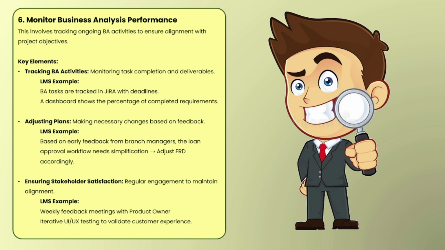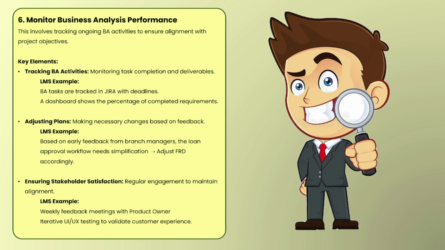In the loan management system, BA tasks are tracked in Jira with deadlines. A dashboard shows the percentage of completed requirements. So in this way, the BA's activity is tracked in our loan management system, and we can use the same approach in whatever projects you work on in the future. Now next is adjusting the plan.